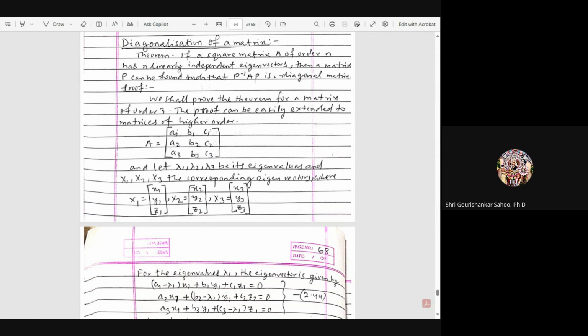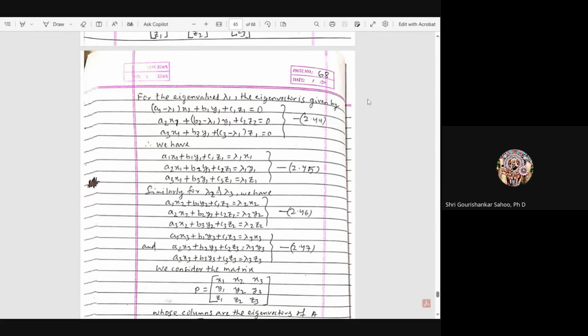So A is equal to a1, b1, c1, a2, b2, c2, a3, b3, c3. Let lambda 1, lambda 2, lambda 3 be its eigenvalues, and X1, X2, X3 the corresponding eigenvectors, where X1 is x1, y1, z1, X2 is x2, y2, z2, X3 is x3, y3, z3.